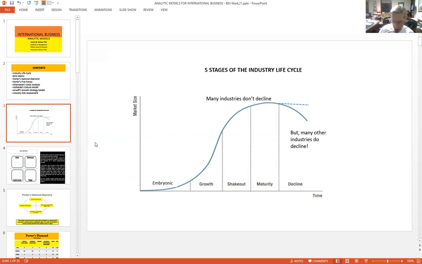And it's at that point that Darwin's little game is played, and the fittest to survive do survive, and firms that are weaker or not sufficiently structured to meet the requirements of the market will be eliminated. Perhaps they'll be acquired or just drop out.